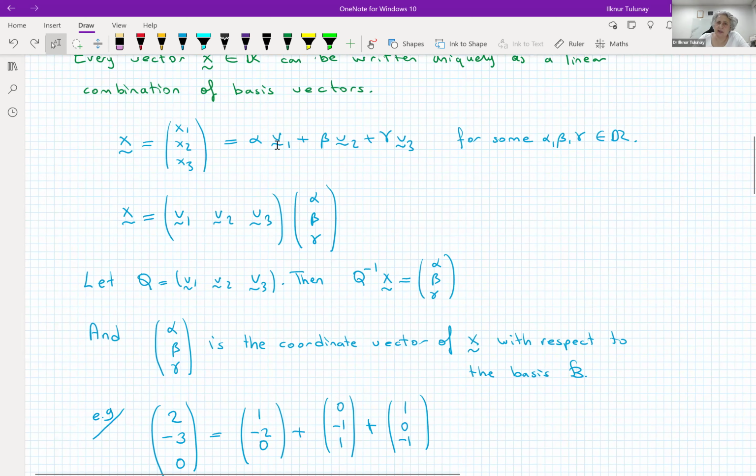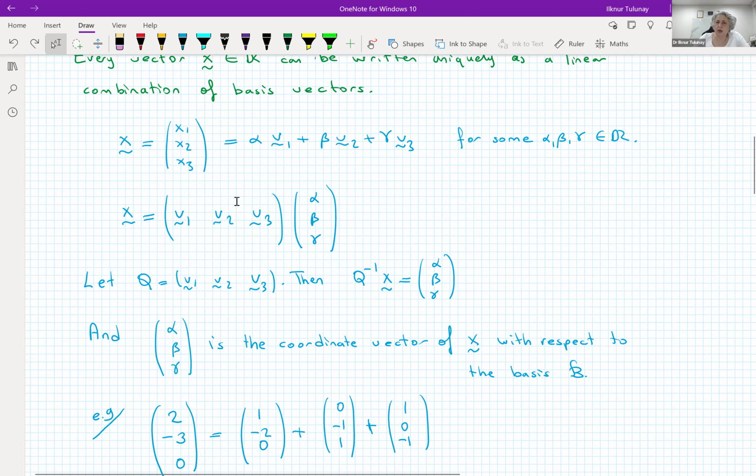Think about this as a matrix, where column 1 is v1, column 2 is v2, column 3 is v3. If you multiply this matrix by the column vector, you will obtain this equality. This is just a matrix multiplication, right? This equation is equivalent to the matrix multiplication form in this way.